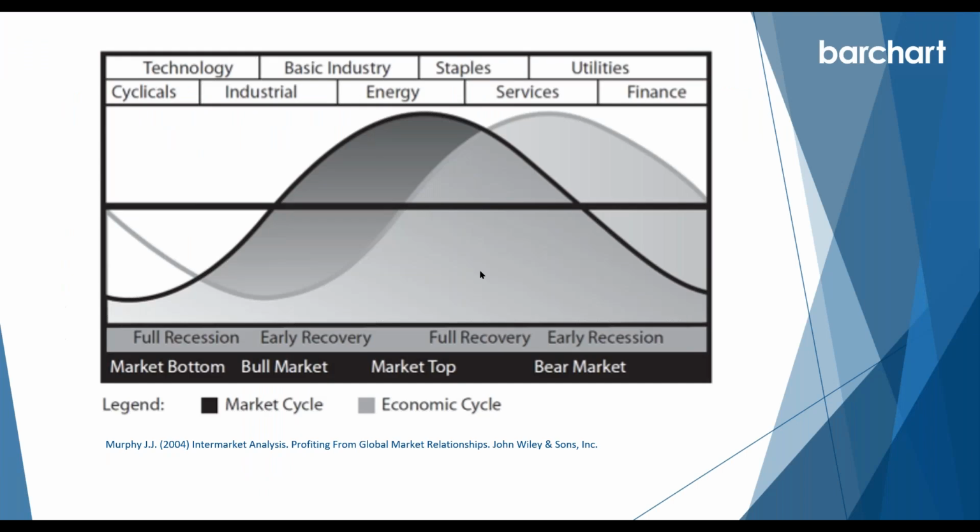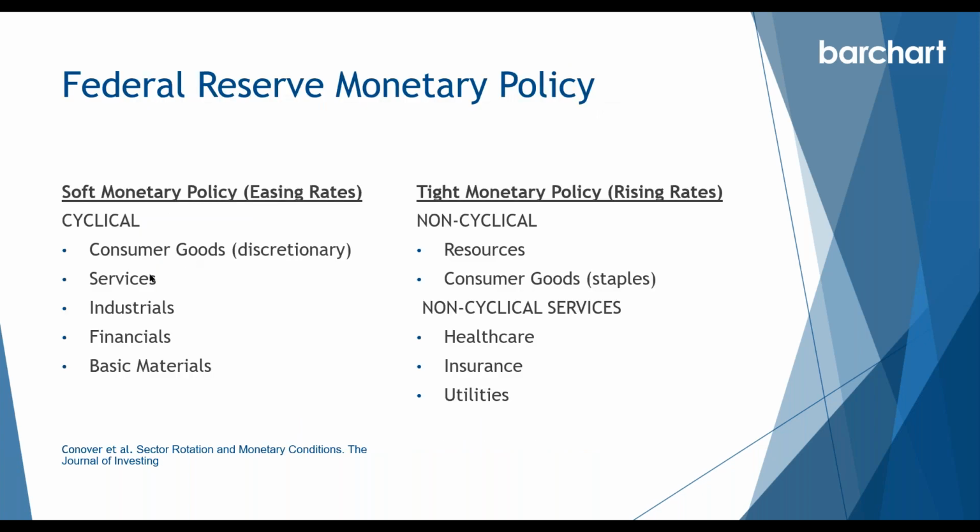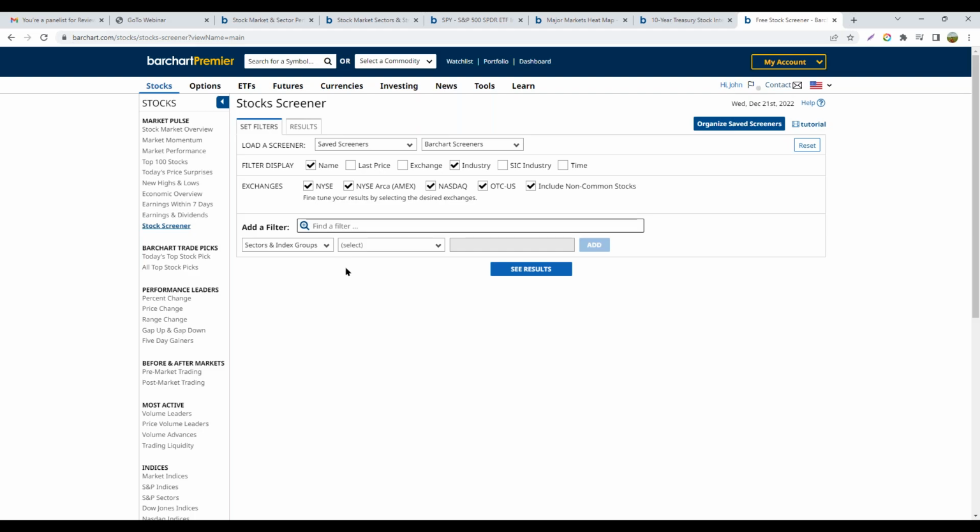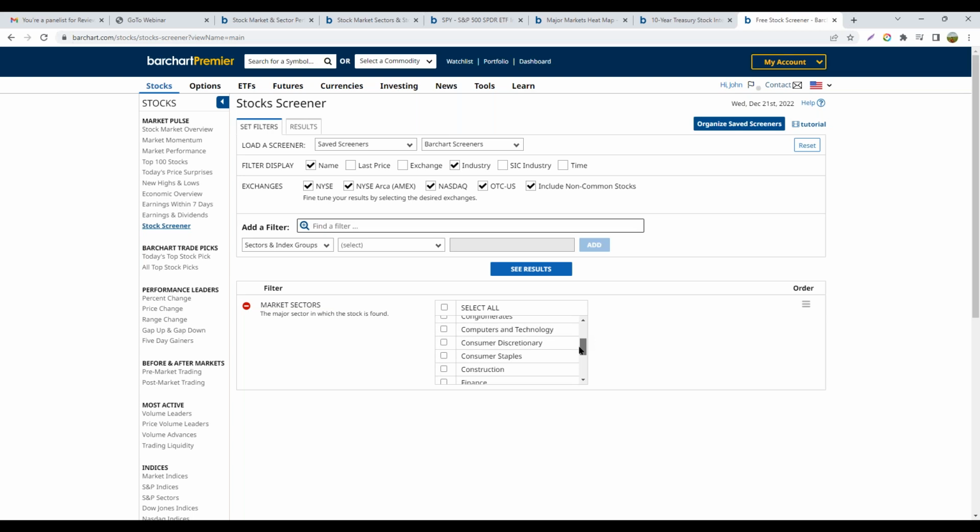Well, the next group we want to look at as we come out is our cyclicals, right? Our technology stocks. Well, what are our cyclicals? Our consumer discretionaries, our services, our financials, our industrials, technology stocks, high growth, our high beta stocks. So let's do computers, discretionaries, and let's pick one more: industrials.